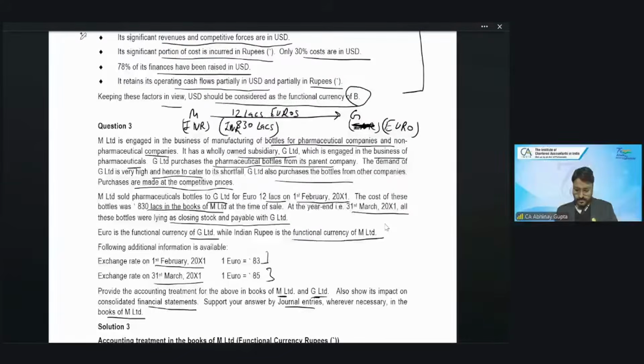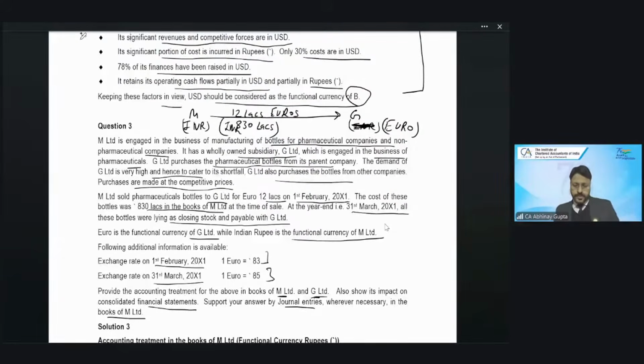We have to receive more since the rate increased from 83 to 85 rupees. So we will debit G Limited and credit the foreign exchange gain account, which is not yet realized. Then at the end of the year, we will move the foreign exchange gain to the profit and loss account, the same value, 24 lakhs. Perfect.